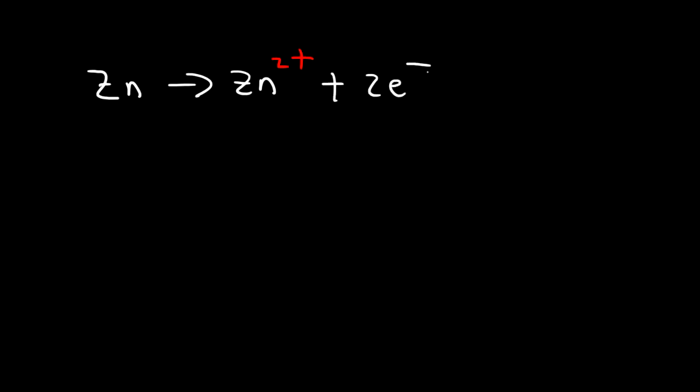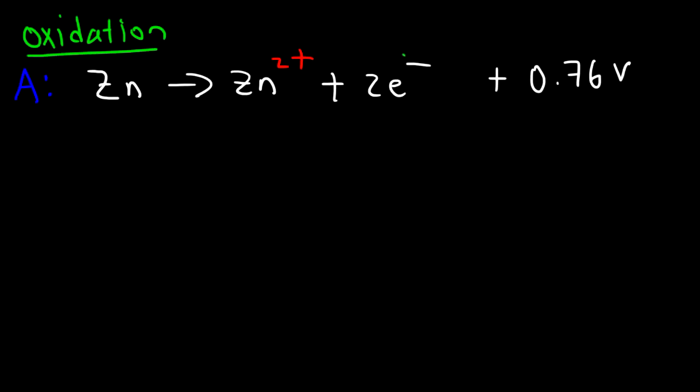The cell potential for this half reaction is positive 0.76 volts. This occurs at the anode. I'm going to write A for anode. That's the oxidation half reaction. Remember, anytime you see the electrons on the right side, it's oxidation. If the electrons are on the left side, it's reduction.